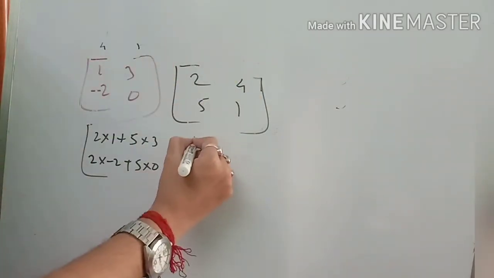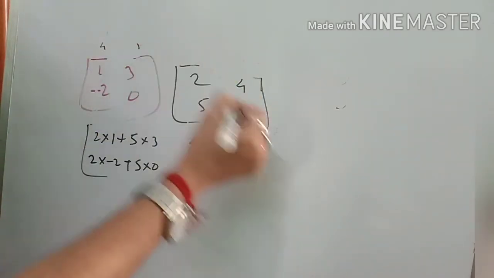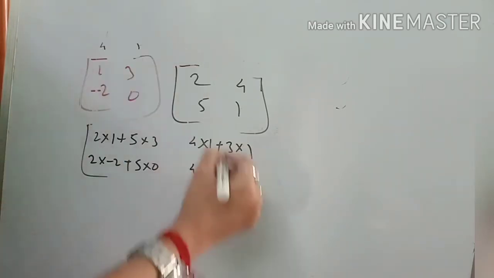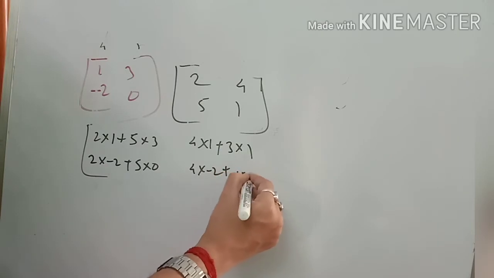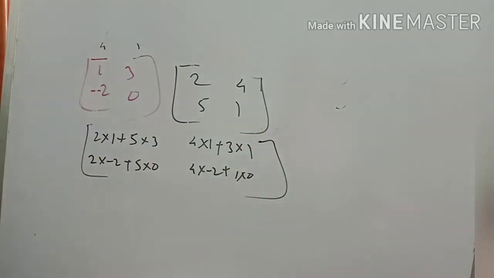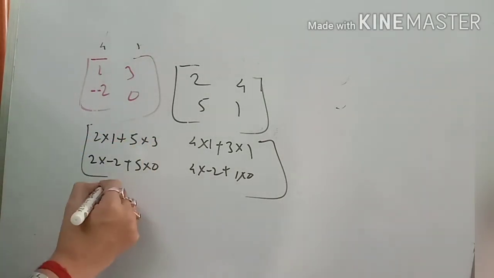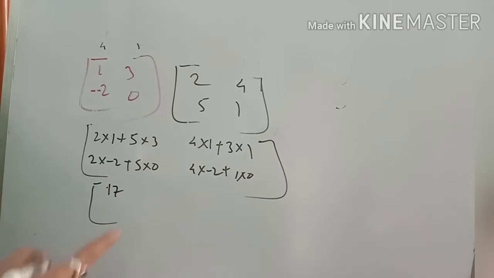4 into 1 plus 3 into 1, then 4 into minus 2 plus 1 into 0. Done. So we can write 2 into 1 plus 3, that is 17; minus 2 into 4, that is minus 8.